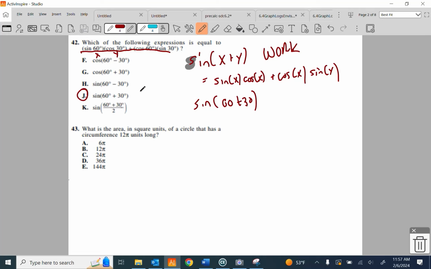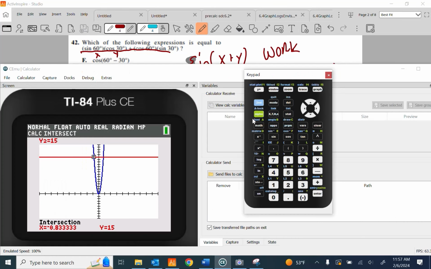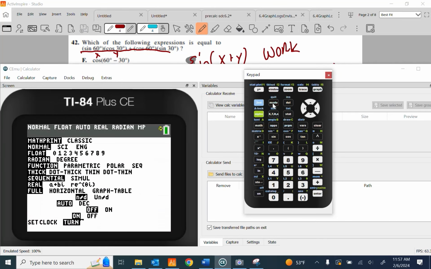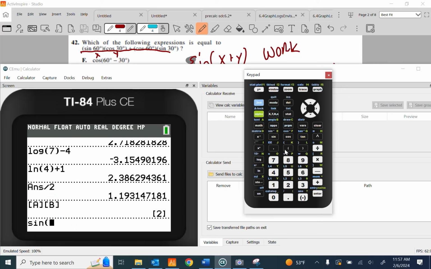See those degree symbols? The TI-84 you have on test day will not be in degree mode. It'll be in radian mode. You put your calculator in degree mode. Press enter. You quit out. You type in sine 60, cosine 30. Notice I'm closing parentheses too.